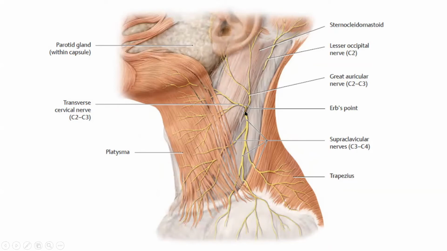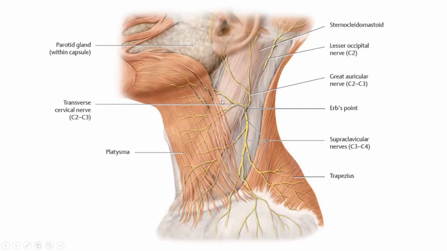Then the next nerve, that is a sensitive nerve, is coming transversally, and it's going anterior to the sternocleidomastoid muscle toward the platysma, and it's penetrating the platysma here, and then it's divided to the superior branch and the inferior branch.